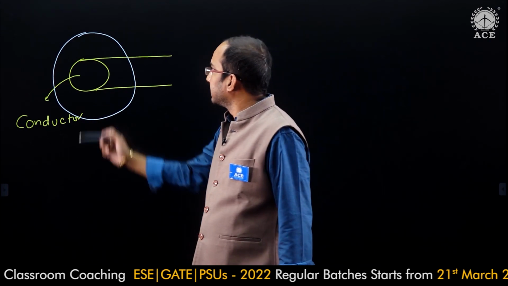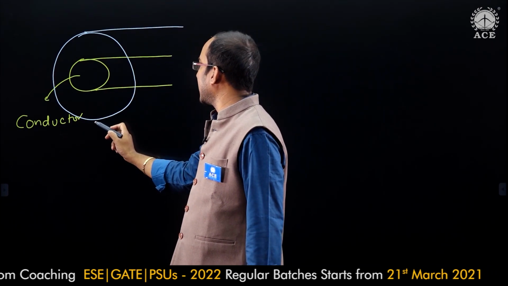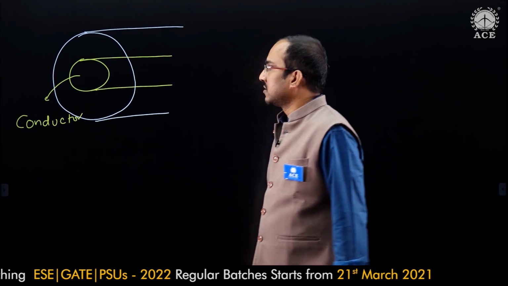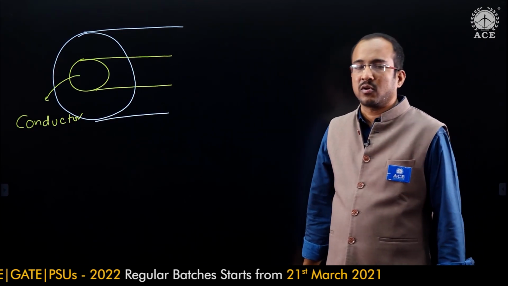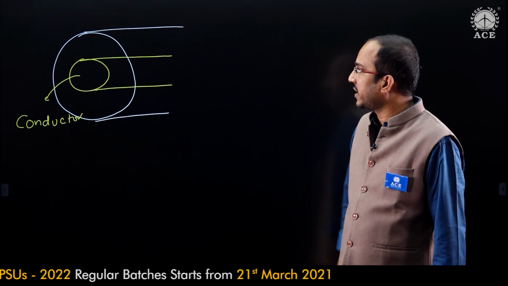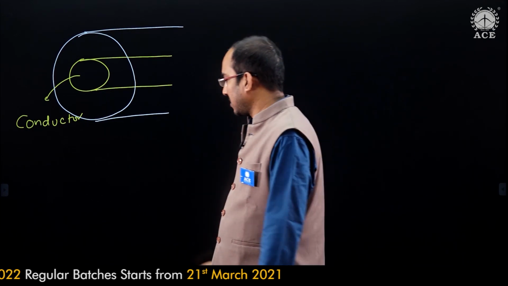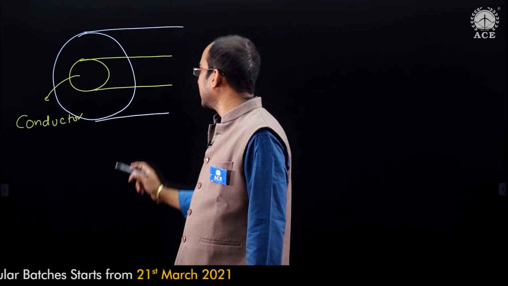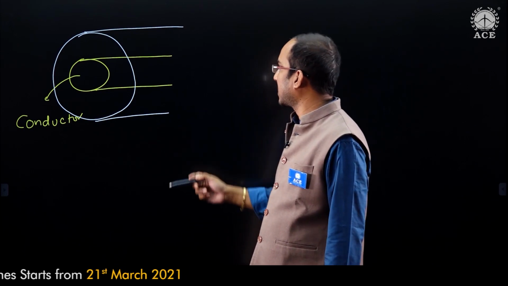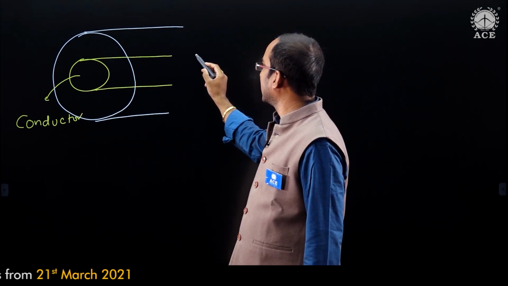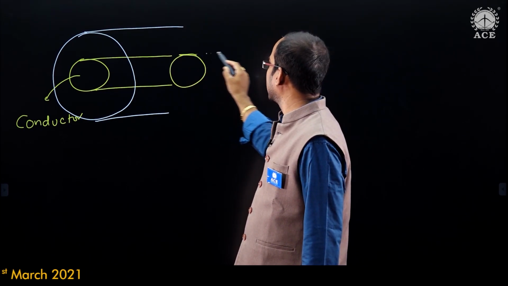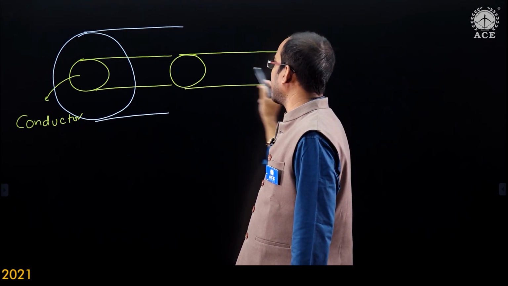In the question he has given that there are two single core cables which are joined in series. Let us consider this as the first cable and this as the second cable.